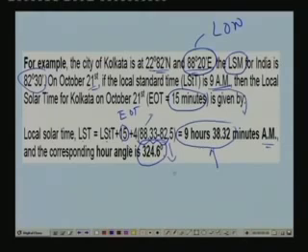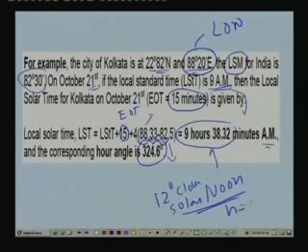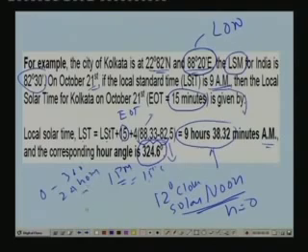How did I calculate the hour angle? At solar noon, 12 o'clock solar time, the hour angle is 0. For example, at 1 PM the hour angle is 15 degrees, because the hour angle varies from 0 to 360 degrees in 24 hours, so 1 hour is equivalent to 15 degrees.